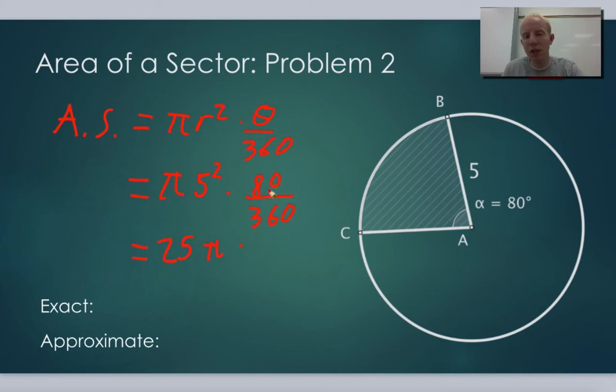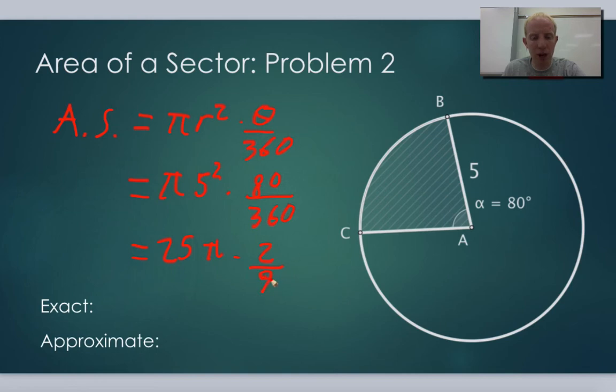And then 80 over 360 is a little bit harder to simplify, but you could rewrite it as 8 over 36. Okay, you could even divide both of those by 2, and you could get that that is 4 over 18. You could divide both of those by 2 again, and you get that that is 2 over 9.